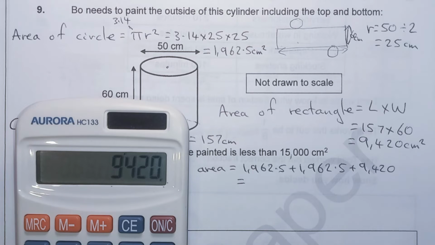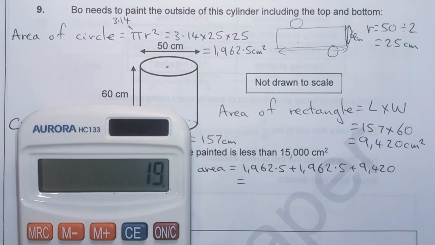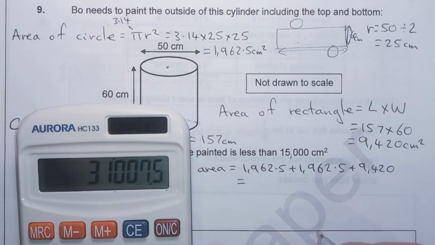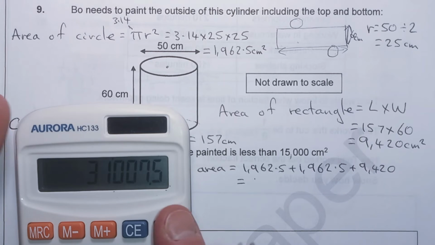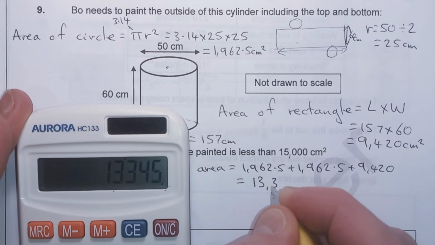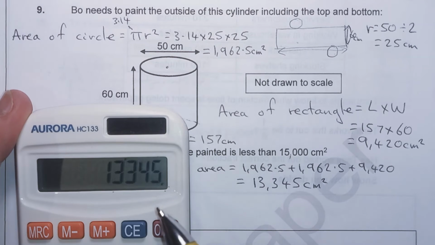We've already got that in the calculator, so we can just add on 1962.5 plus another 1,962.5, which gives us a total of wait a minute, I think I pressed the wrong button. Let's check this again. So we had 9,420 plus 1,962.5. I don't think I put my decimal point in properly. And another 1,962.5, which is 13,345 centimetres squared.